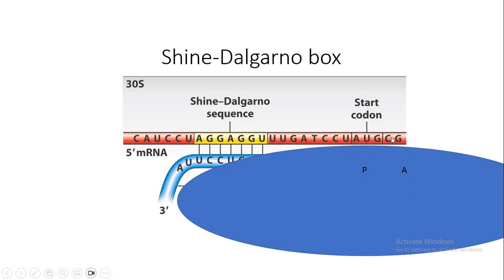This is a messenger RNA sequence that is initially placed at the correct location on the ribosomes.